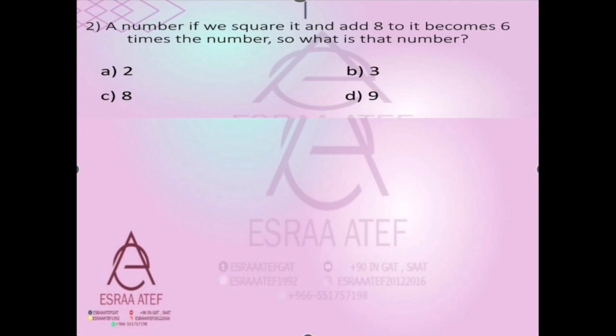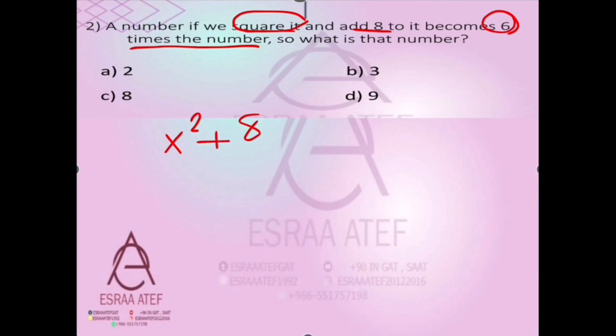Okay, here we have a number. If we square it and add 8 to it, it becomes 6 times the number. So what is that number? We will make an equation, where the number is x, so we square it, it will be x squared, and add 8 to it, it becomes 6 times the number, which means 6x.